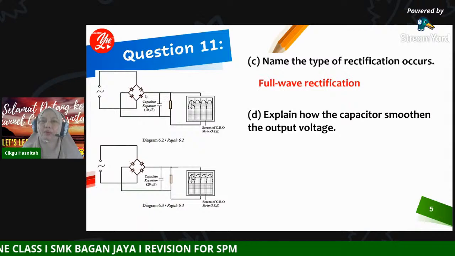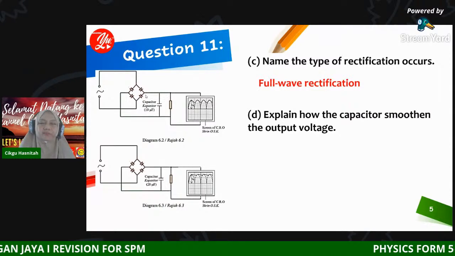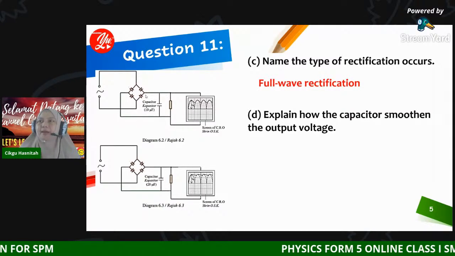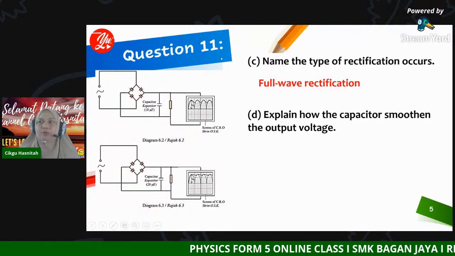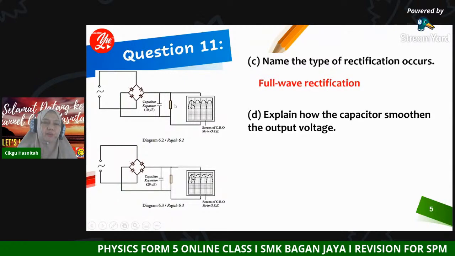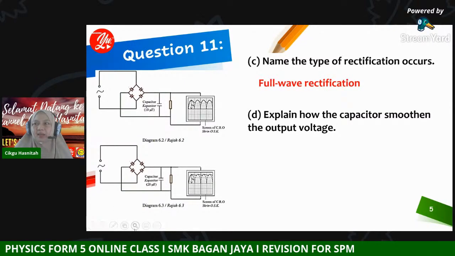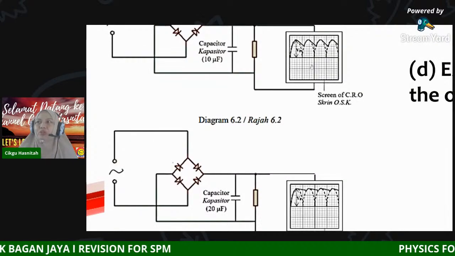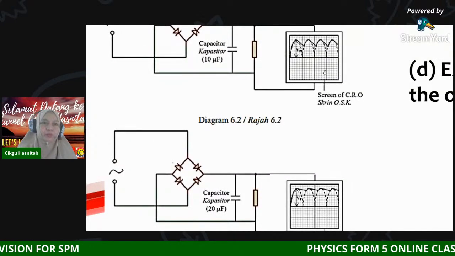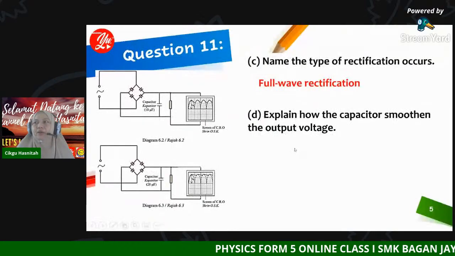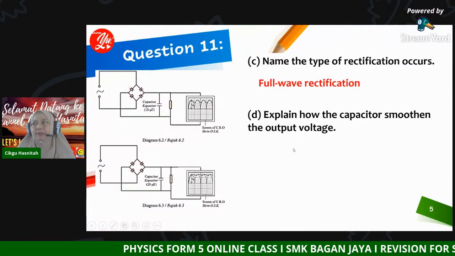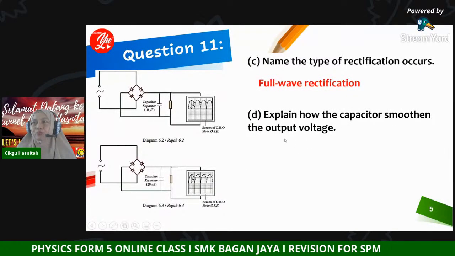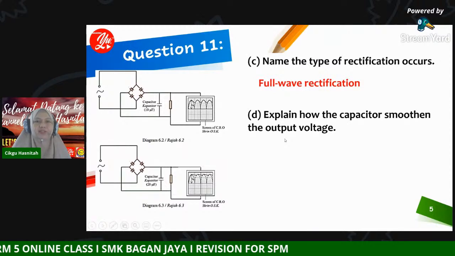Okay, now D, explanation. In diagrams 6.2 and 6.3, you can also see an electronic component, a capacitor. There is a capacitor placed in the circuit which is used to smooth out the output voltage. So the question is: explain how the capacitor smoothens the output voltage.